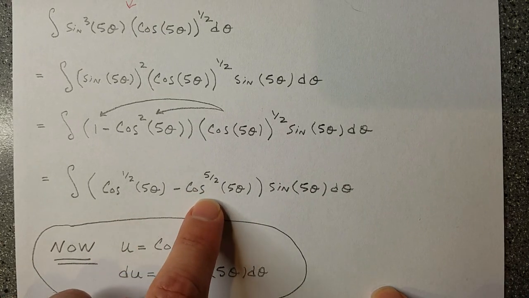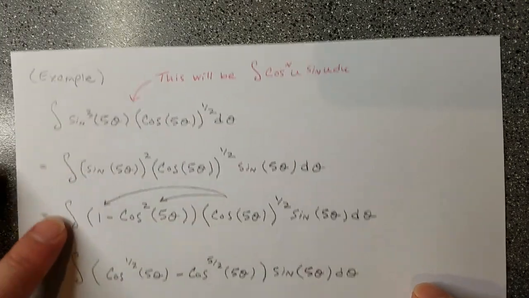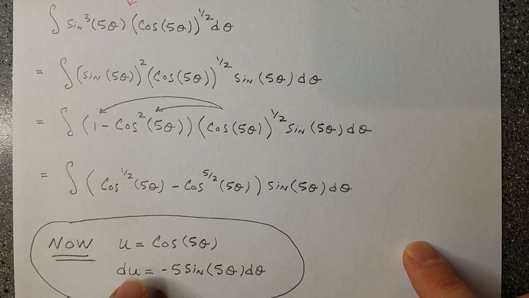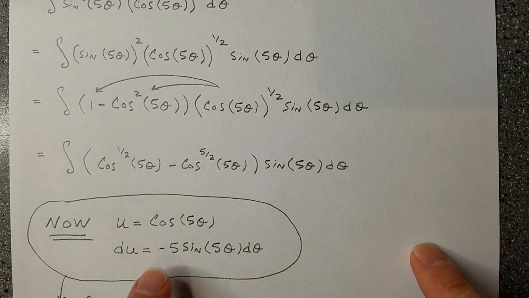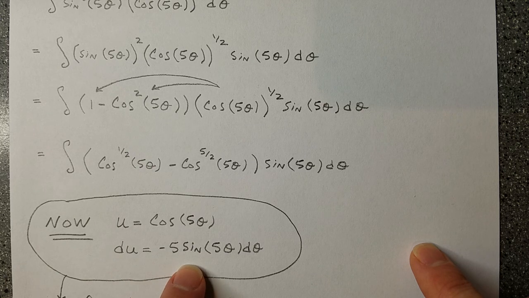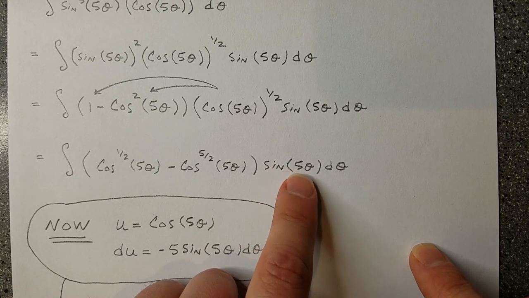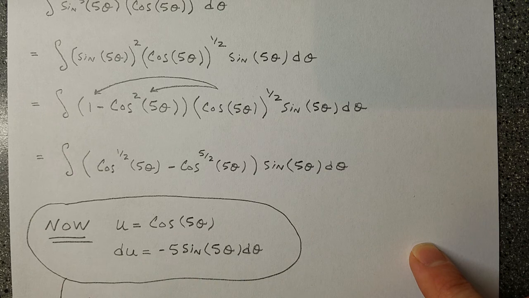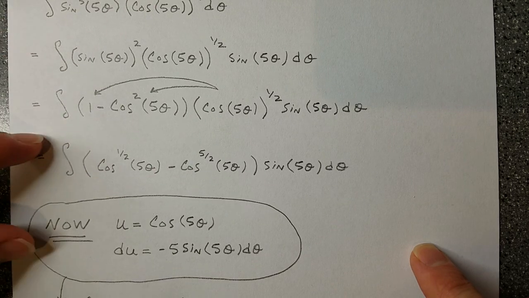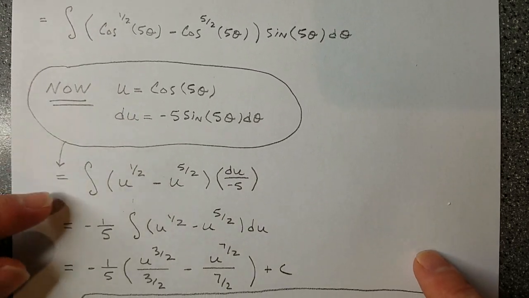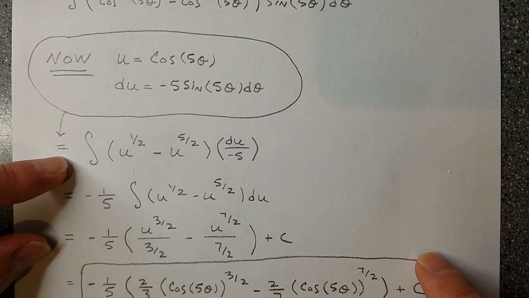And here's that part that I was anticipating from the beginning, that if you let u be cosine 5 theta, then your du will be negative 5 sine 5 theta d theta. Well, you've got the sine 5 theta d theta over there already. You just need to divide out that negative 5. So doing that sequence of steps turns it into u substitution, which looks like this.